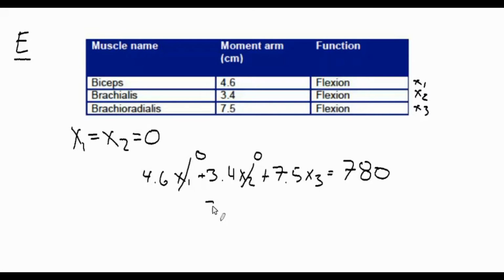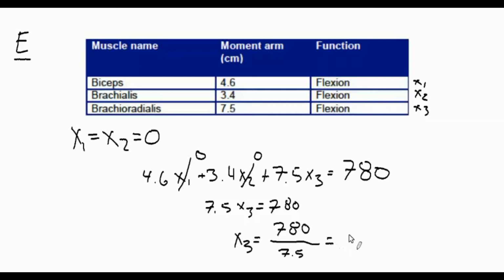So we have 7.5 times x sub 3 is equal to 780. So x sub 3 is equal to 780 over 7.5, which is 104 newtons. And that's the answer to part E.